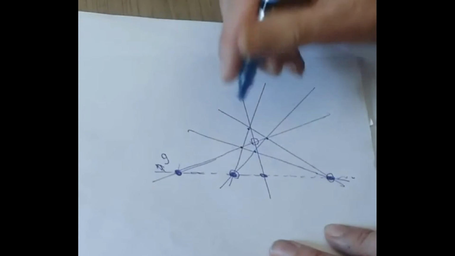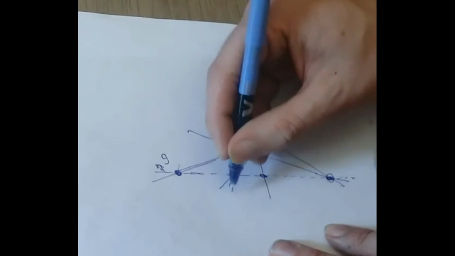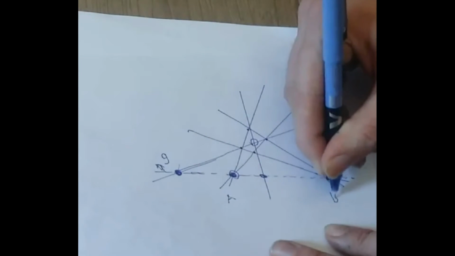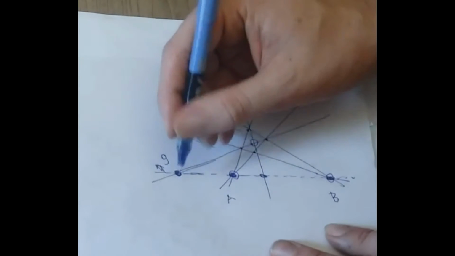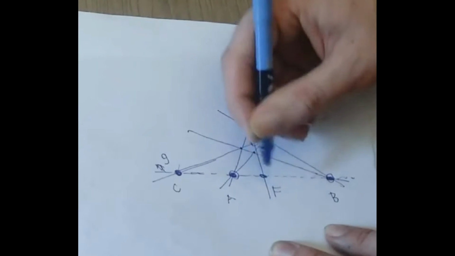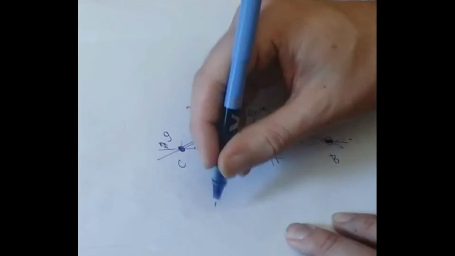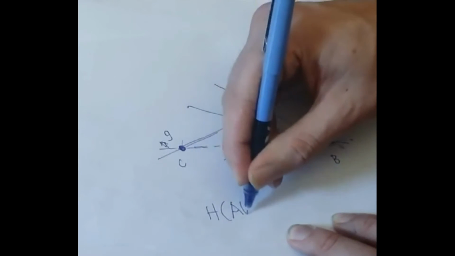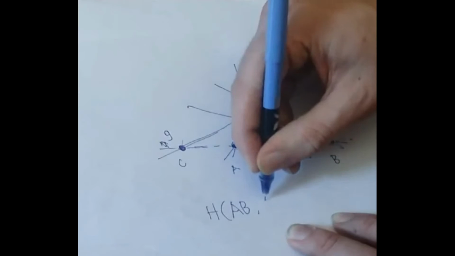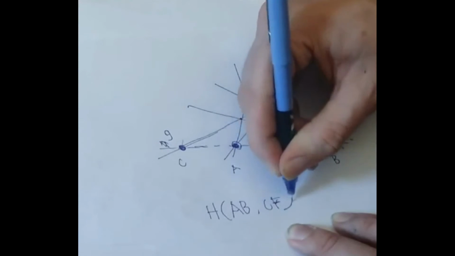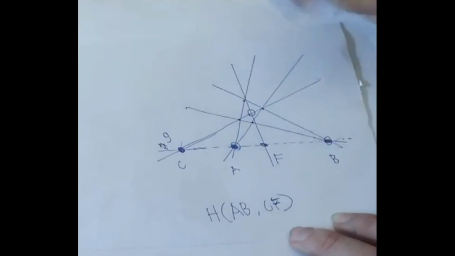So, in particular, if we call this point A, and this point B, and this point C, and this point F, then we write H(A, B; C, F).